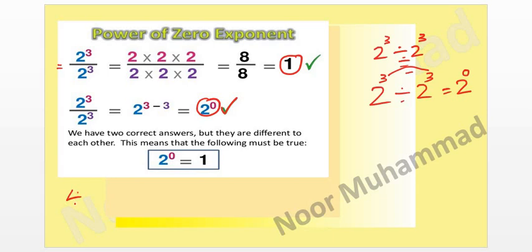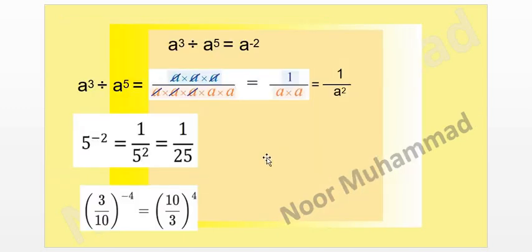For example, the base is 4 and the exponent is 0, again the answer will be 1. That means we are dividing 4 to the power 5 by 4 to the power 5. Any number, let's say 2022, when its exponent is 0, the answer will be 1. X to the power 0, the answer will be 1. So all these examples show that whenever the exponent becomes 0, the value is 1.